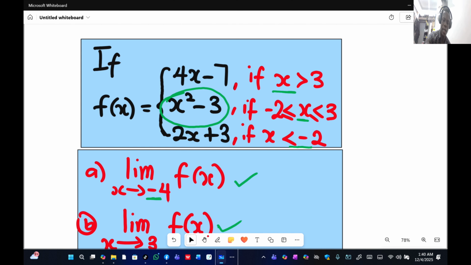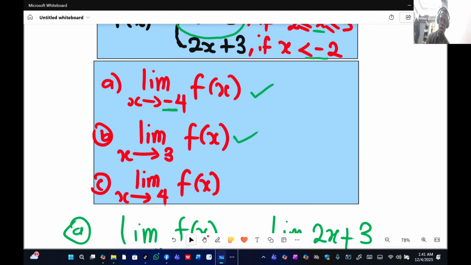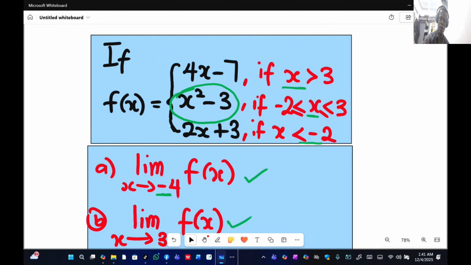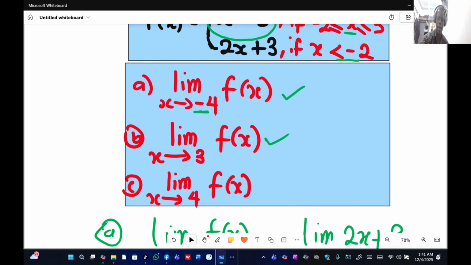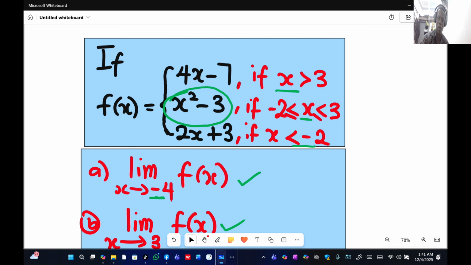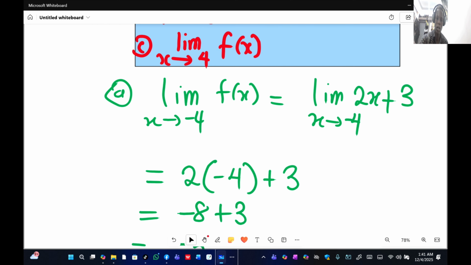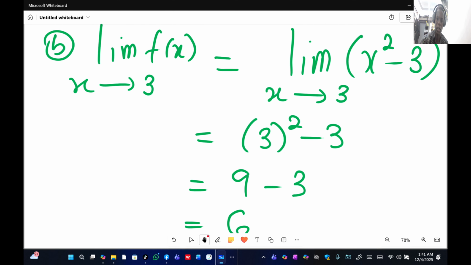When you take the C part of the question, x is approaching 4, so the first component of the function will match the expression. We are going to work with 4x minus 7 for the C part.